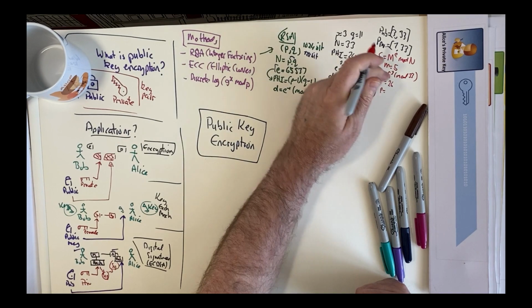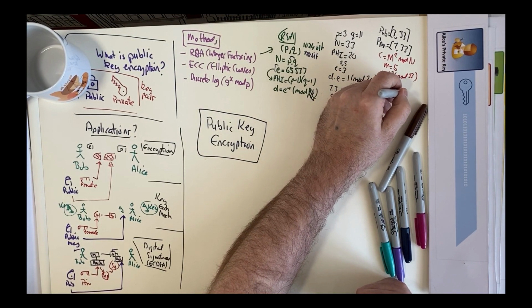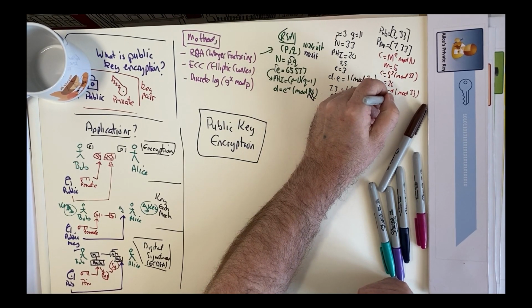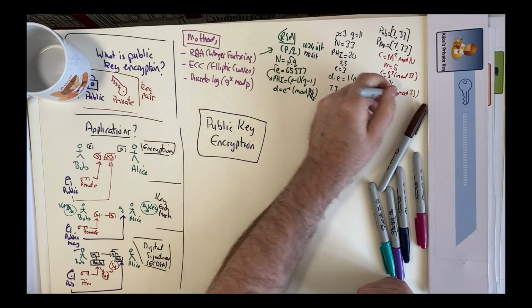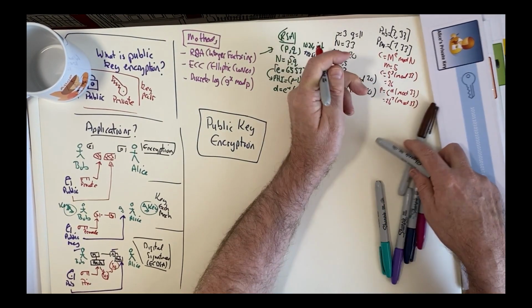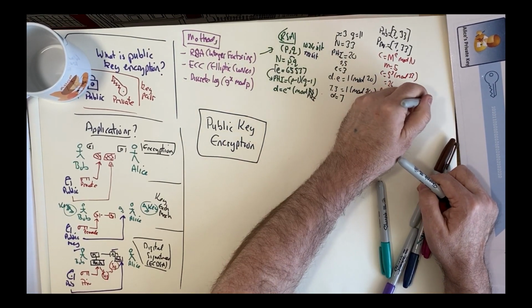To return back the value, we take the cipher to the power of D mod 33, and 26 to the power of 7 mod 33, and hopefully that should give us back 5.